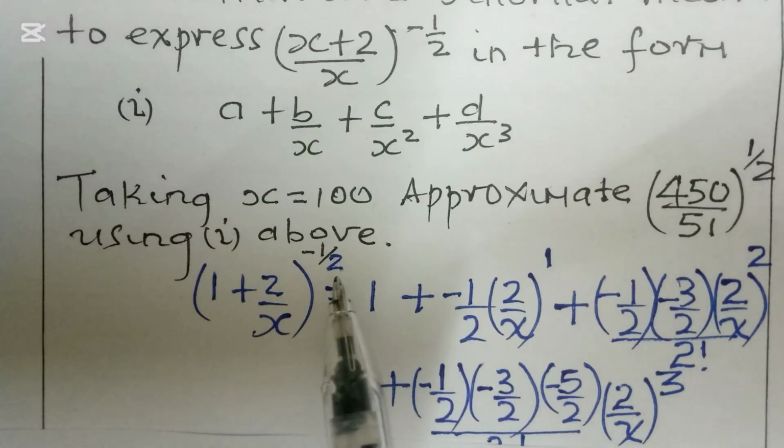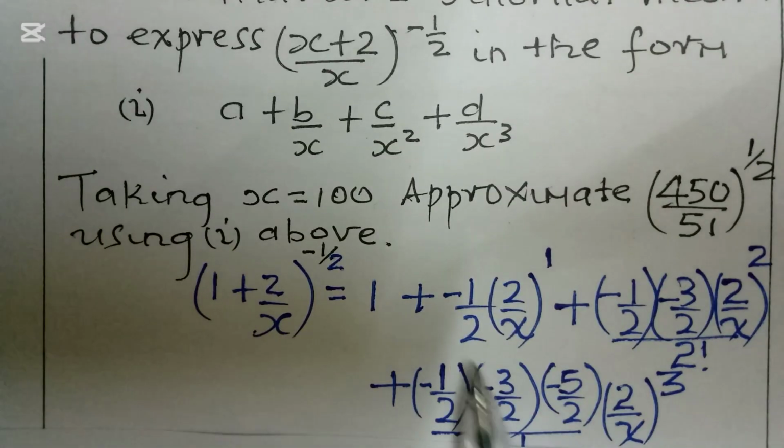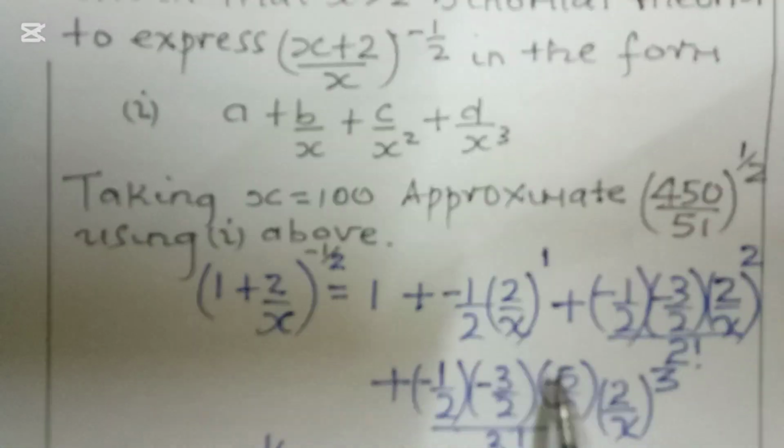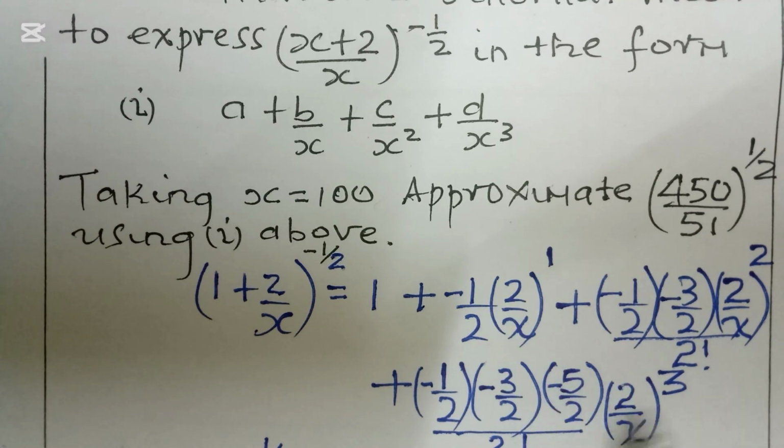Guys, now we raise that to negative a half. So once we do that, we use the equation of binomial expansion. And this is how I have done it. You can follow it up if you have the equation of binomial expansion.